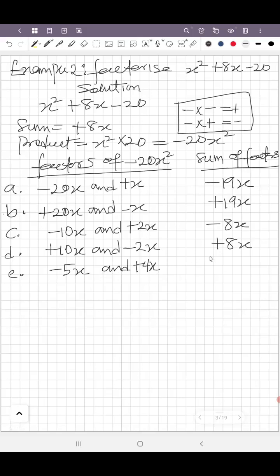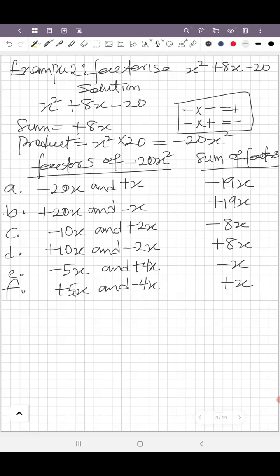By adding them together, we have minus x, and by multiplying, we have minus 20x². Let's try plus 5x and minus 4x. Adding them together, we have plus x, but multiplied together, we have minus 20x². So this is how we factorize an expression.